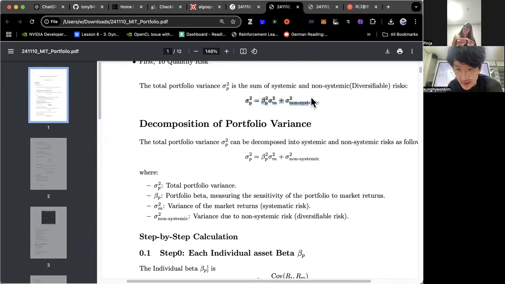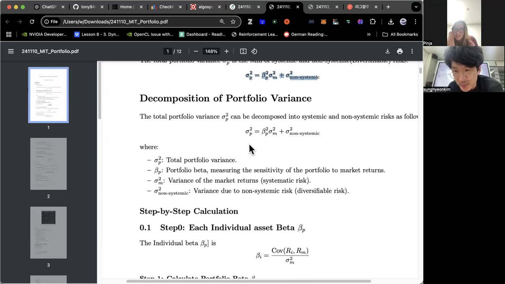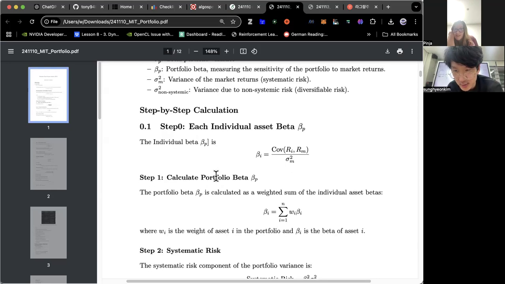This formula is measuring how dangerous it is when you buy stocks. But we can reduce it by buying different stocks.